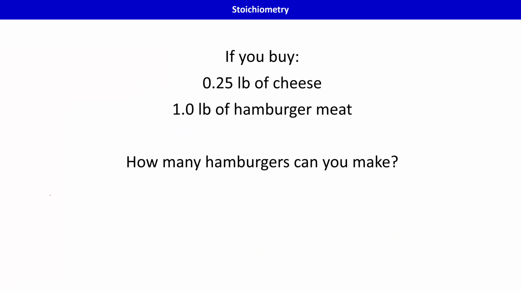All right, we're going back to hamburgers for a second. Let's write our balanced reaction. 1 patty plus 3 cheese plus 2 bread makes 1 hamburger.